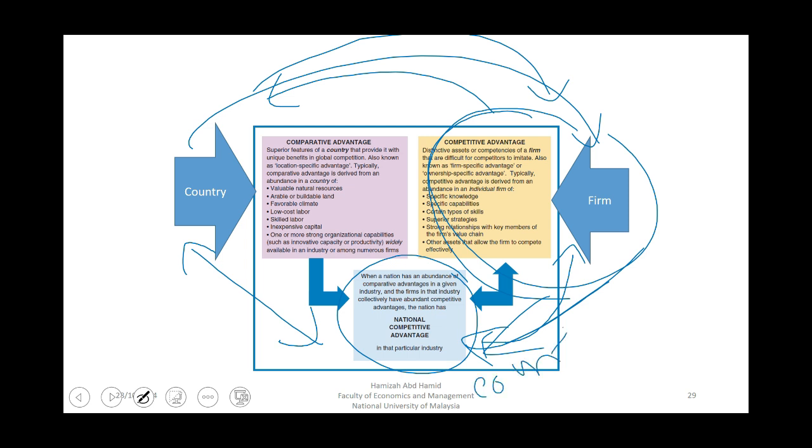This theory especially tries to relate an industry that has a connection with one country. Okay, British pharmaceutical, Malaysia halal.